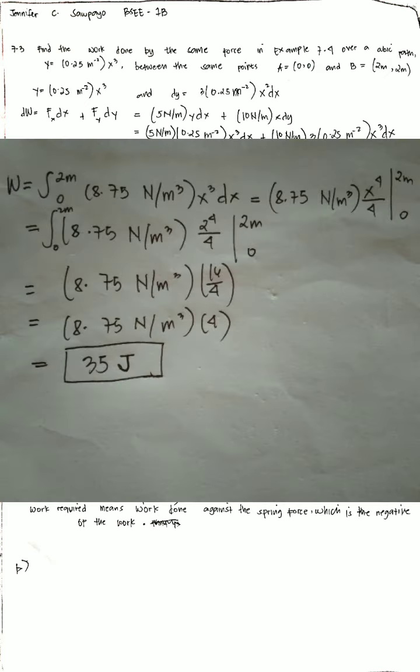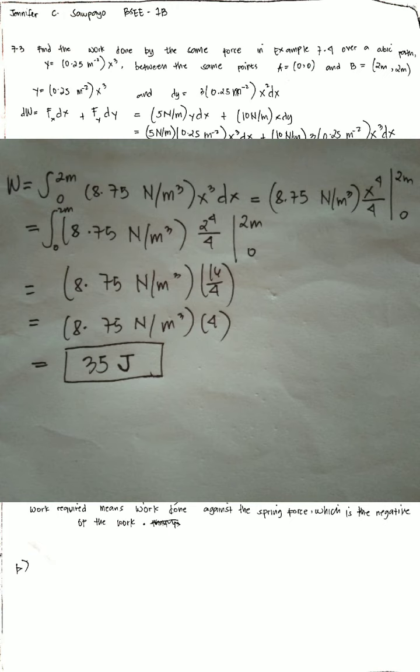So W equals the integral from 0 to 2 m of 8.75 N/m³ x³ dx, which is equal to 8.75 N/m³ times x⁴ over 4, with x from 0 to 2 meters.